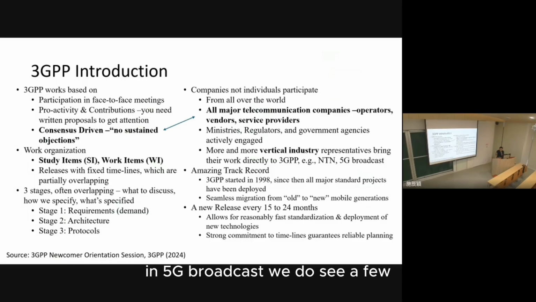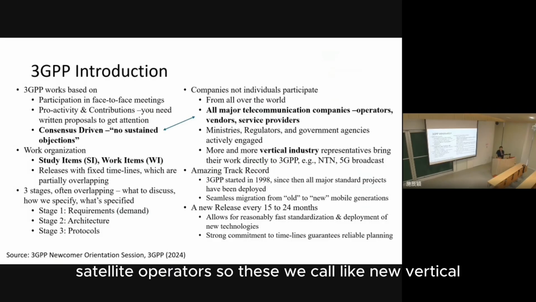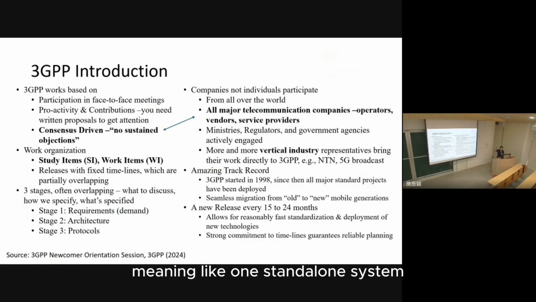However, in 5G broadcast, we do see a few broadcasting companies, for example the European broadcasting company and the Chinese counterpart, also join. And in NTN, we see a lot of satellite operators. These we call new verticals, meaning standalone systems. Usually, they don't have delegates in 3GPP, but nowadays we see more and more.